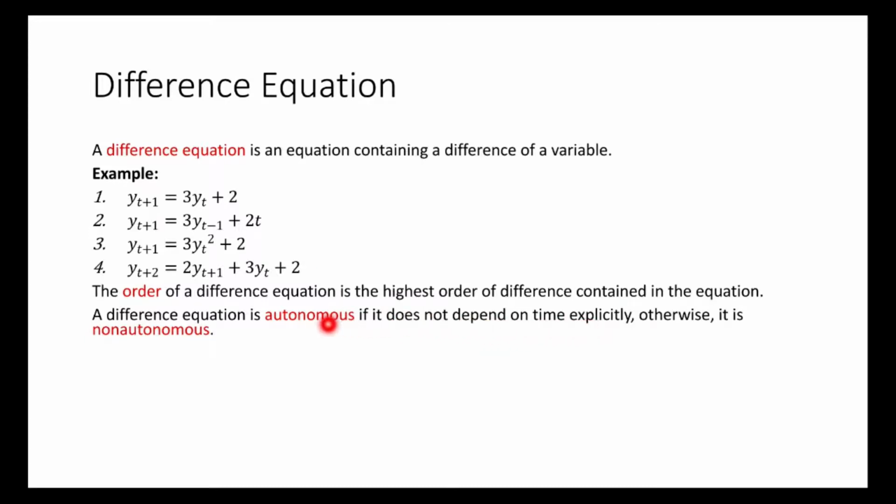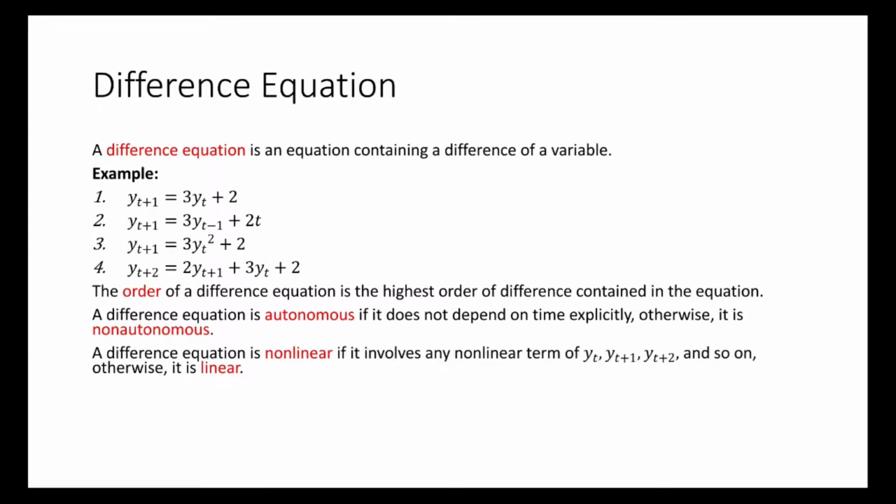You can see only the second example, because it contains the variable t, or the variable of time, explicitly. The others don't have that kind of situation. The other equations we call non-autonomous.